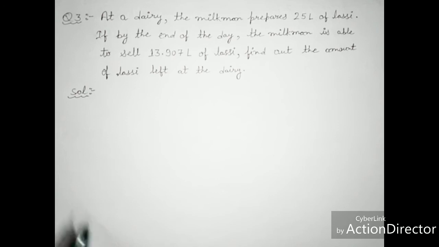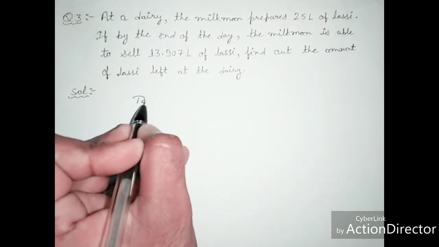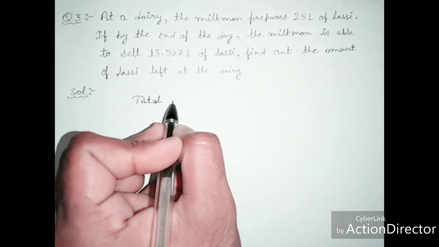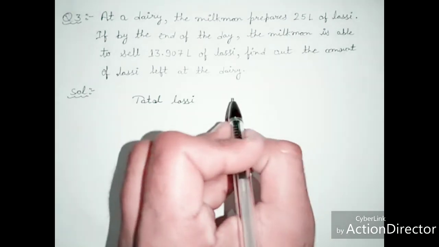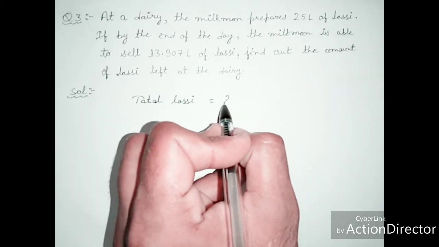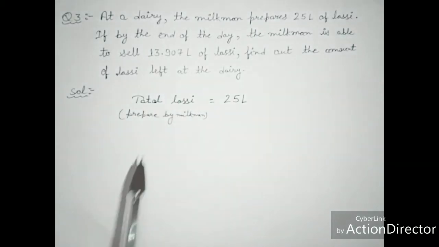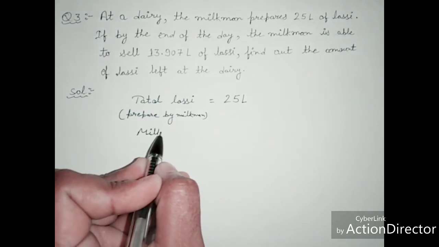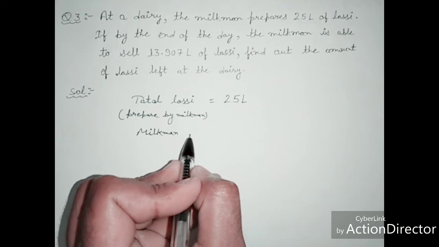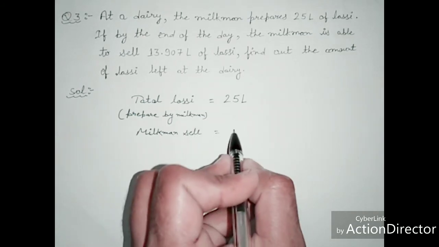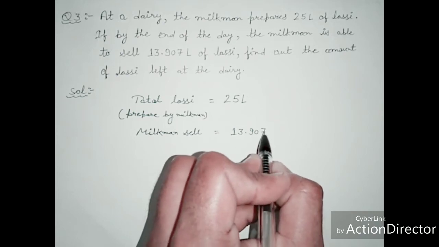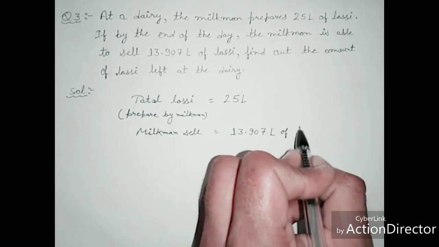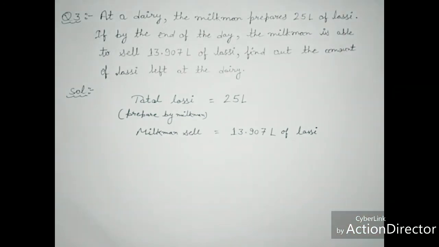The total lassi prepared by the milkman is equal to 25 liter, and he sells 13.907 liter of lassi.